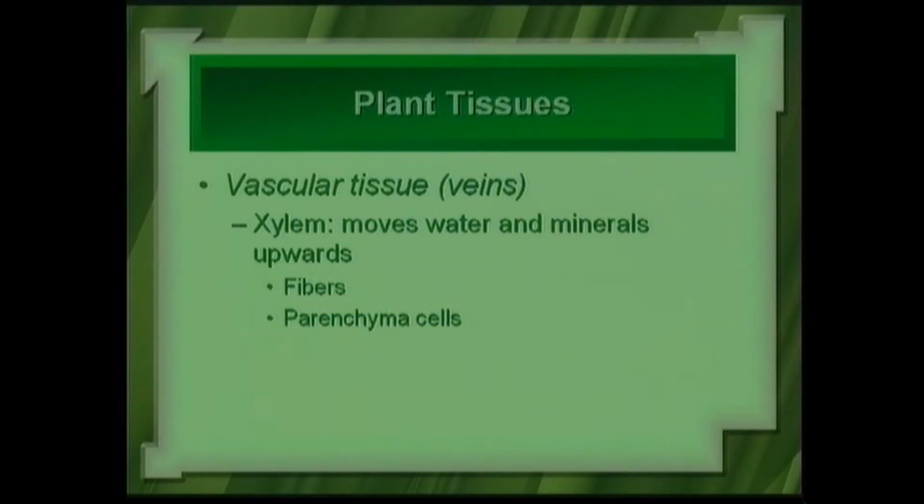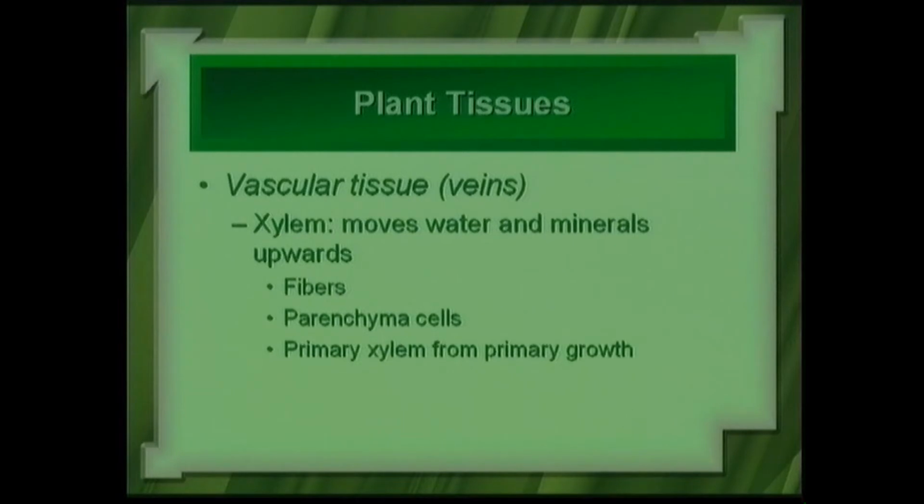So xylem is comprised of fibers and also parenchyma cells, as well as tracheids and vessel elements. Xylem is comprised of those four different types of cells: parenchyma cells, fiber cells, tracheids, and vessel elements.